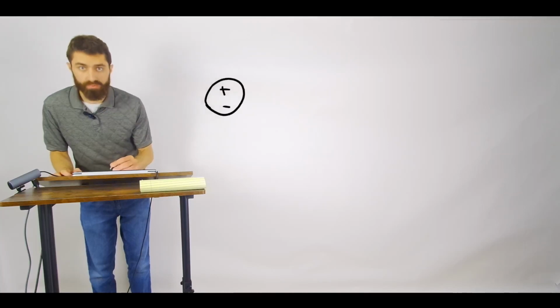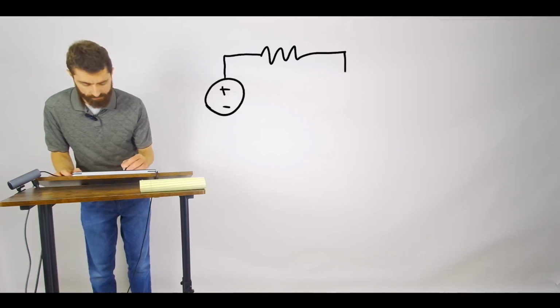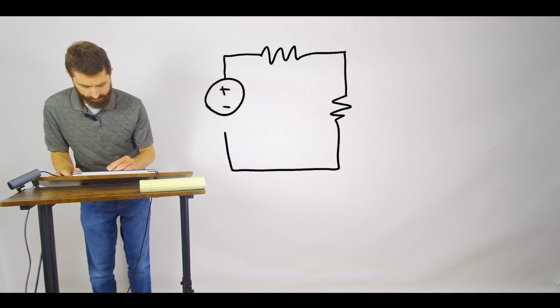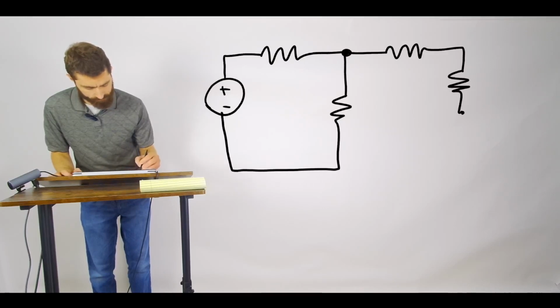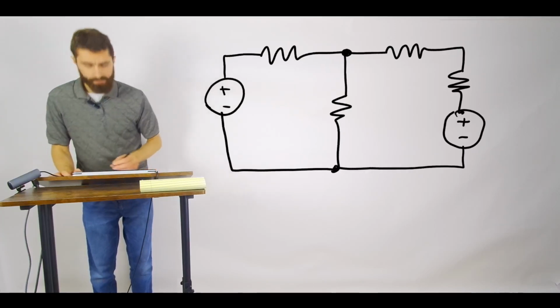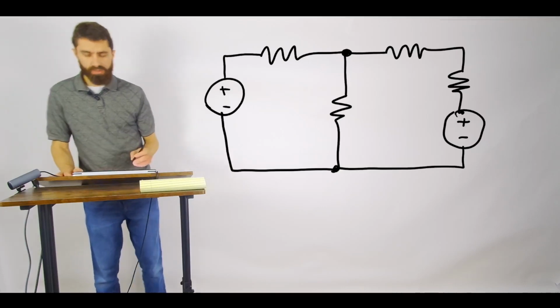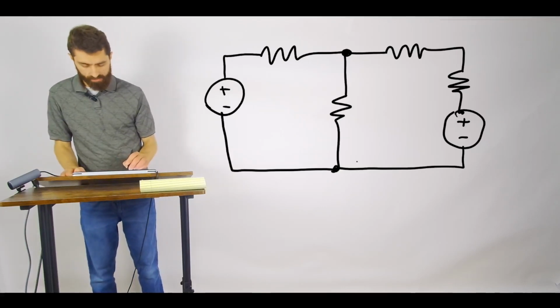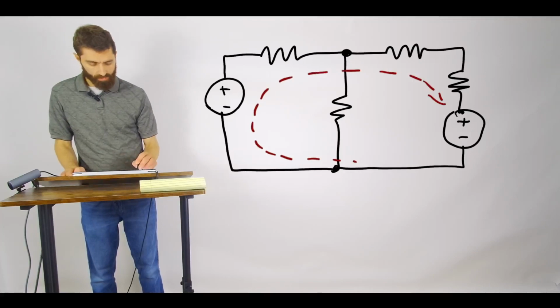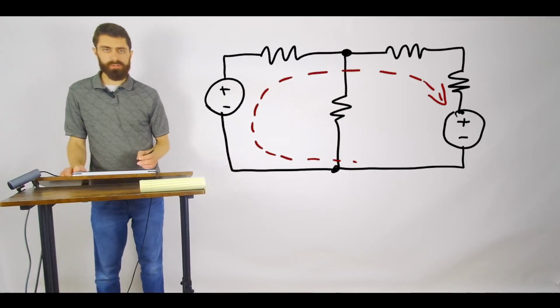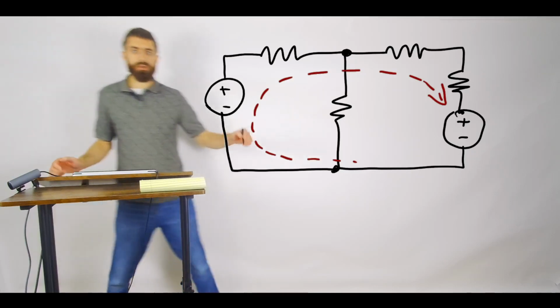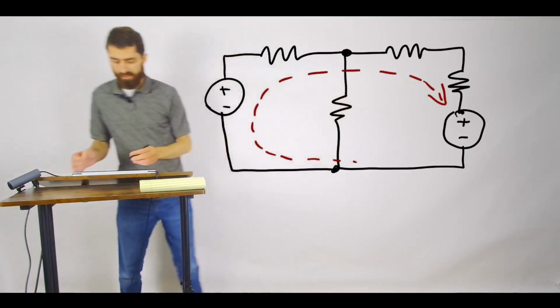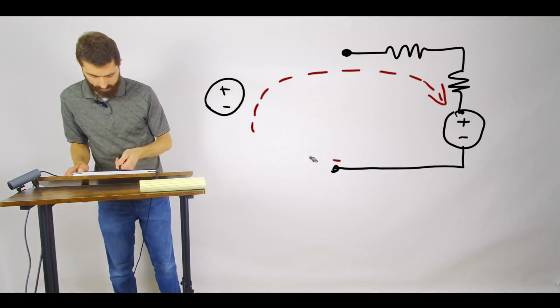You'd have a much more complicated circuit. Let's draw another source here. And essentially we could do a KVL, Kirchhoff's voltage law loop, around any loop in the circuit. So we could go around here.